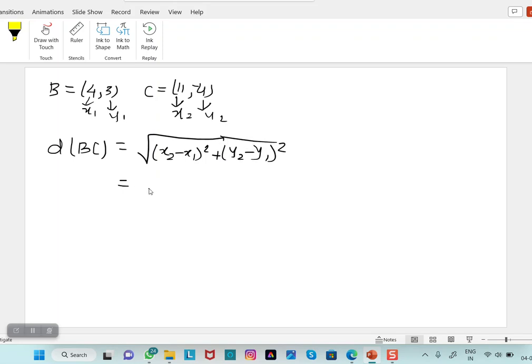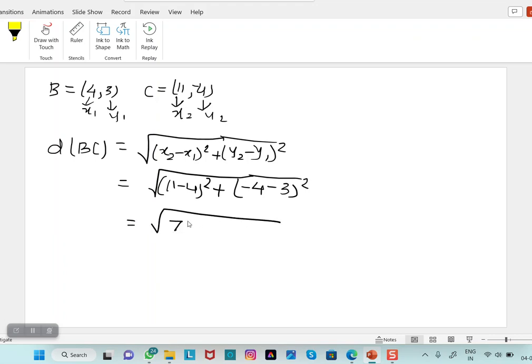We substitute x2 as 11 minus 4 the whole square plus y2 as -4 minus 3 the whole square. We get 11 minus 4 as 7, 7 square, plus (minus 7) square. Therefore, 7 square is 49 and minus 7 square is also 49. Therefore, we get root 98.